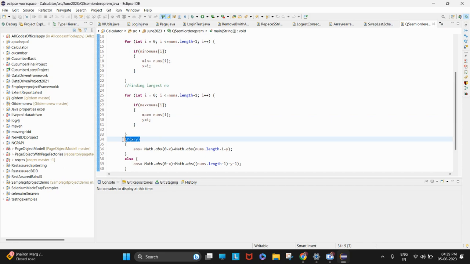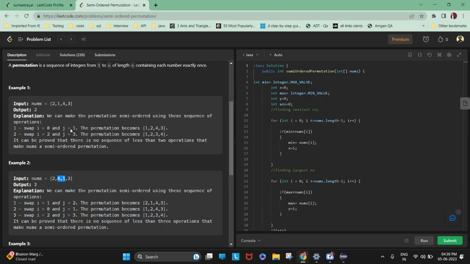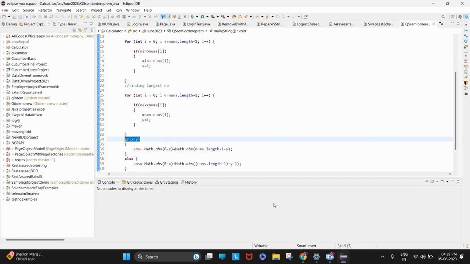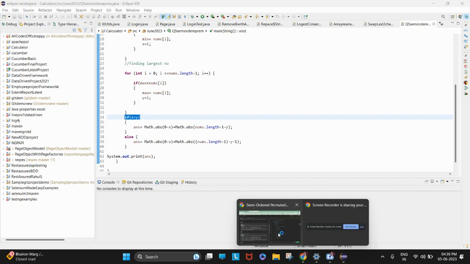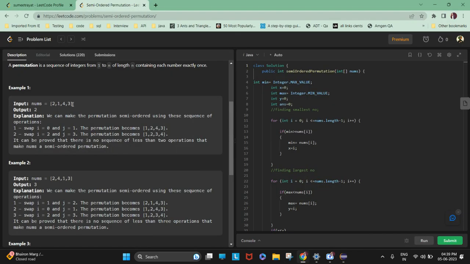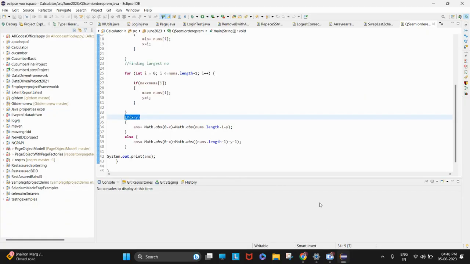If x is less than y, the number of swaps required will be abs(0 minus x) plus n minus y, which makes the first element 1 and the last element n.